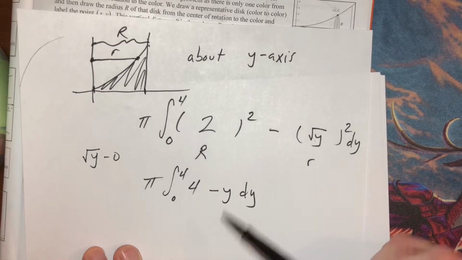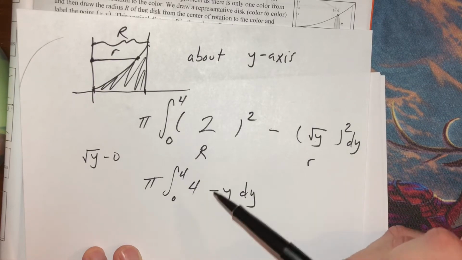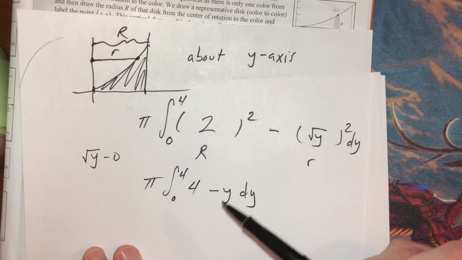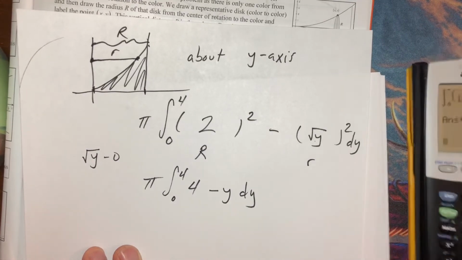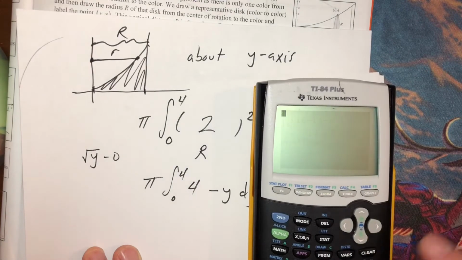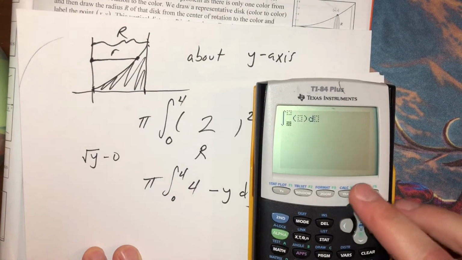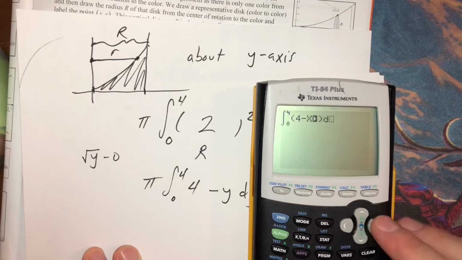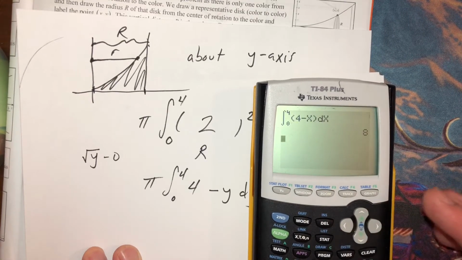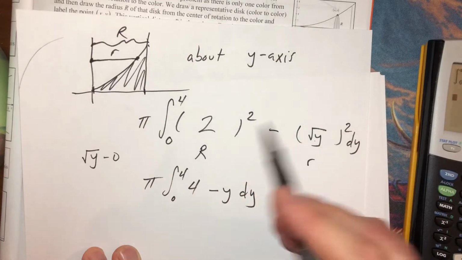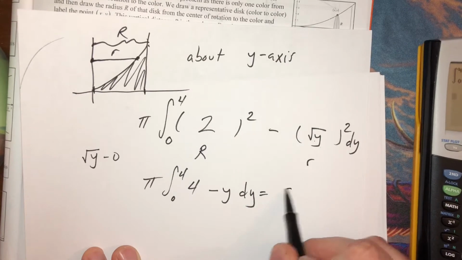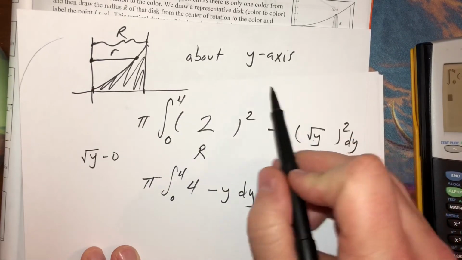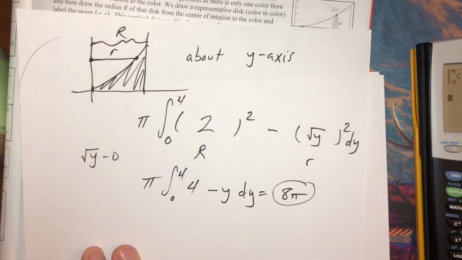Just because the integral looks simple doesn't mean this isn't a pretty complex scenario it's describing. It just so happens that this is the area of it. So if I go in, this is going to give it to me. I get exactly 8 with a pi on the end. So 8 pi is this weird looking bowl thing.